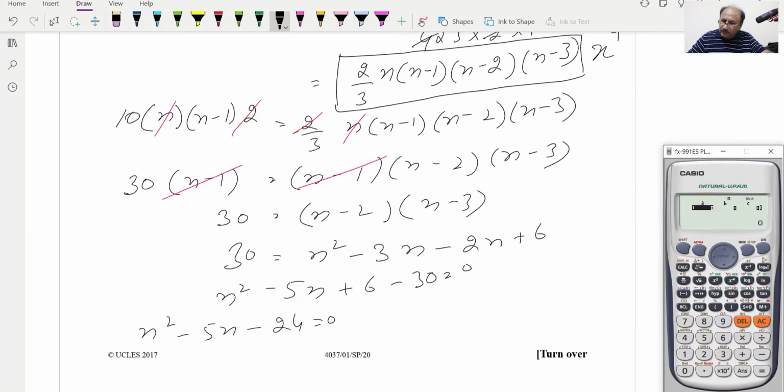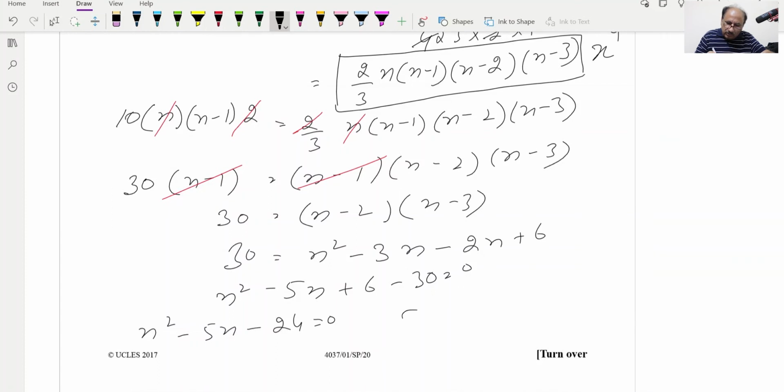Coefficient of n square is 1, coefficient of n is minus 5, and the constant value is minus 24, and we can get the values 8 and minus 3.